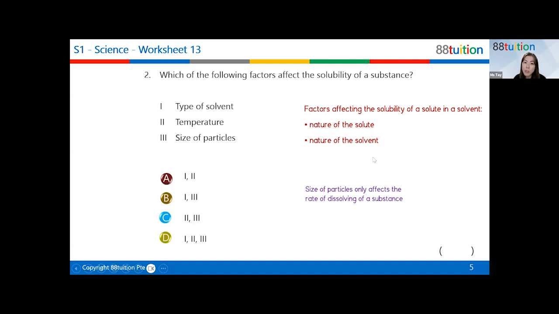So you must make sure whatever solute and solvent you're choosing, they must be compatible, such that the solute can dissolve in the chosen solvent. Then you can get the solution that you want. Then you can say this solute is soluble in a solvent.